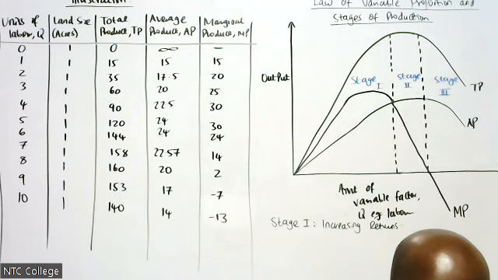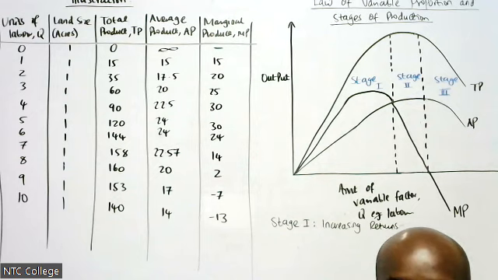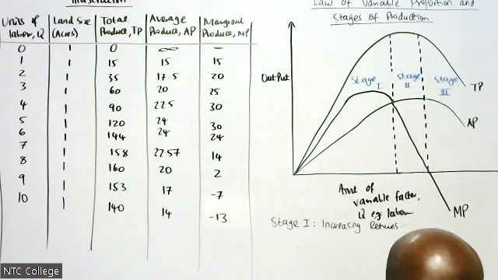That is, total product, average product, and marginal product will generally be increasing.